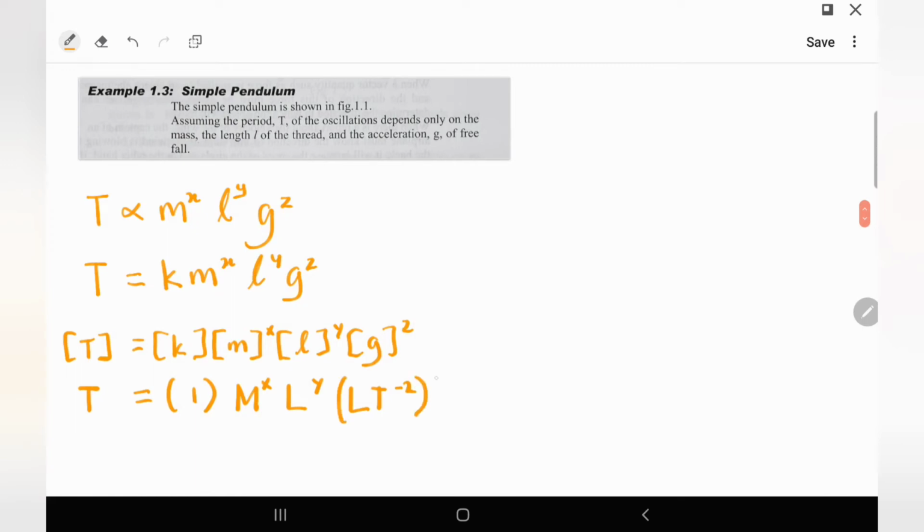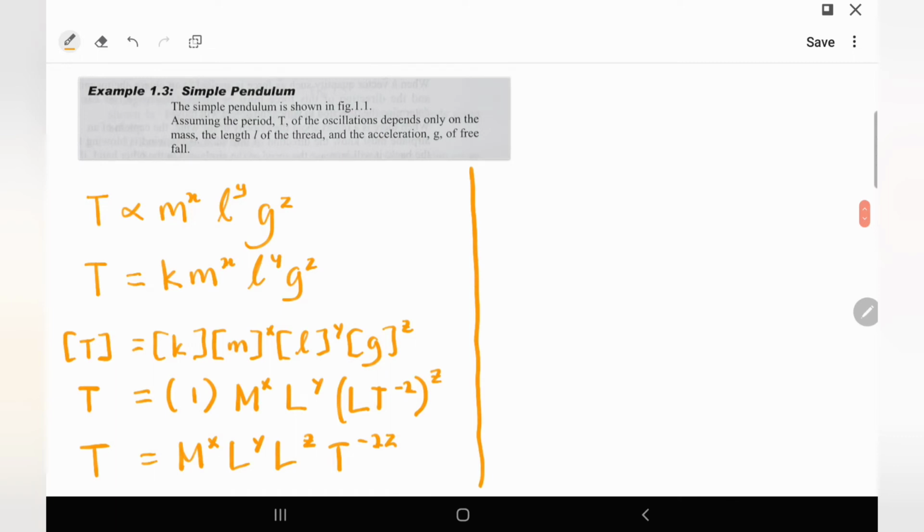And then to the power of Z. Alright, so we just expand the equation. You will get T equals M to the power of X, L to the power of Y, and then L to the power of Z, and then T to the power of negative 2Z.